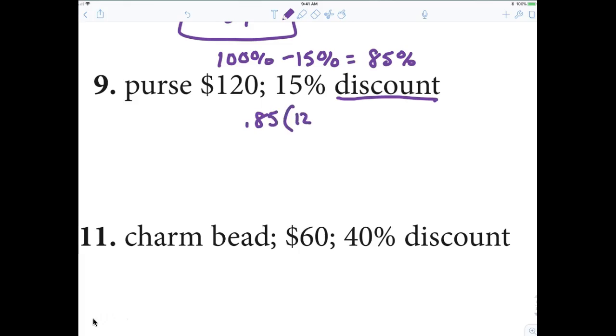Why 120? That's right. So tell me what that is. Not even close. Just clear the calculator. Is everybody okay with it being $102? Now you have to write $102, not just 102, because we're talking about money.